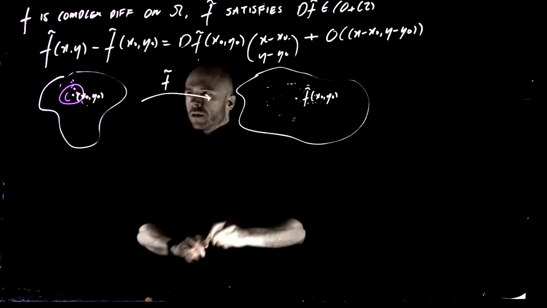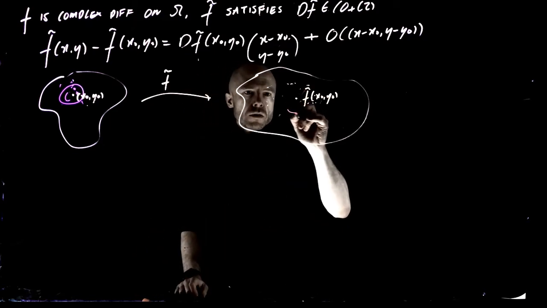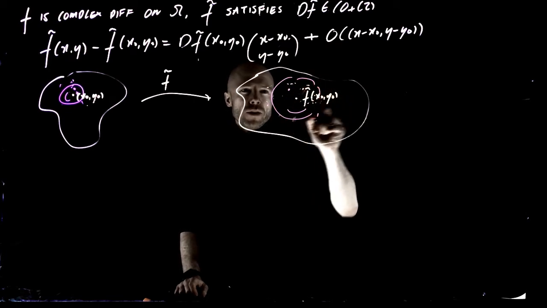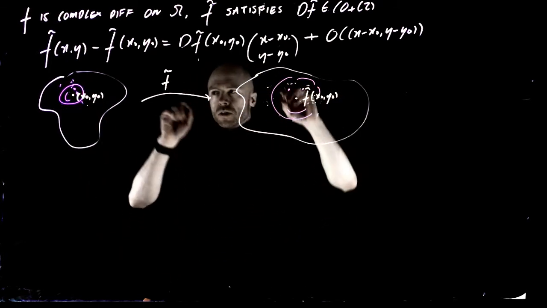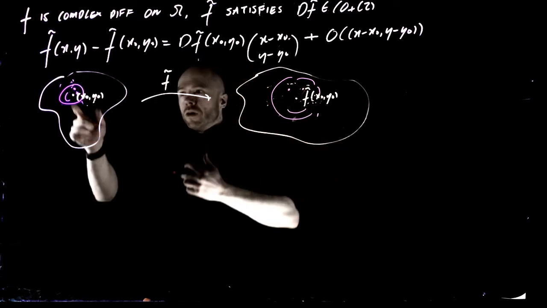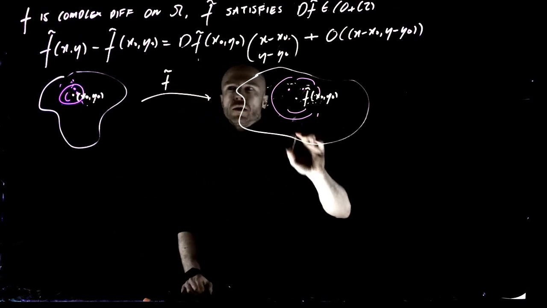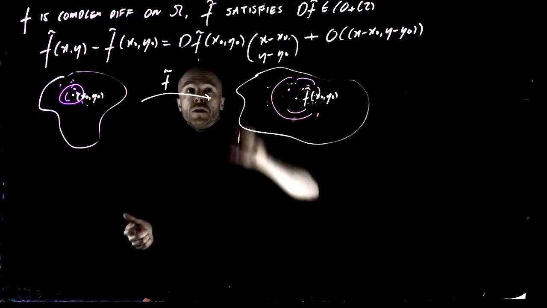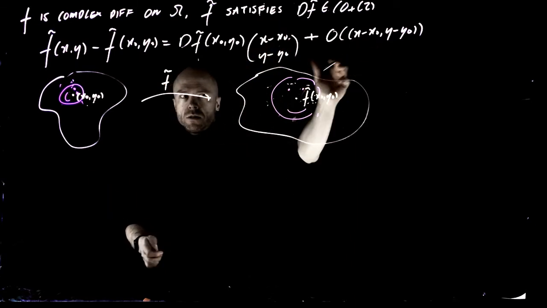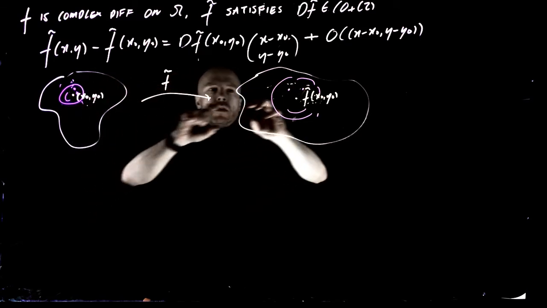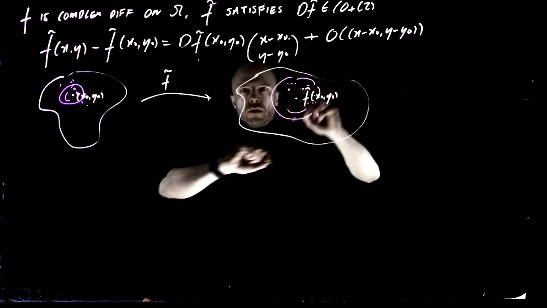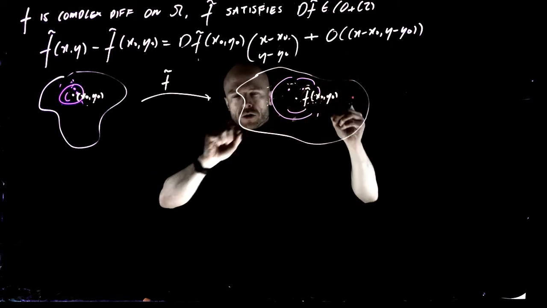The smiley face could be expanded, or it could be shrunk, or it could be turned around. But it isn't going to not look like a smiley face, because on a very small scale, this thing right here is just an affine mapping, and we have a tiny error. So whatever we draw over here will just be copied over here, rotated, and then stretched or shrunk.